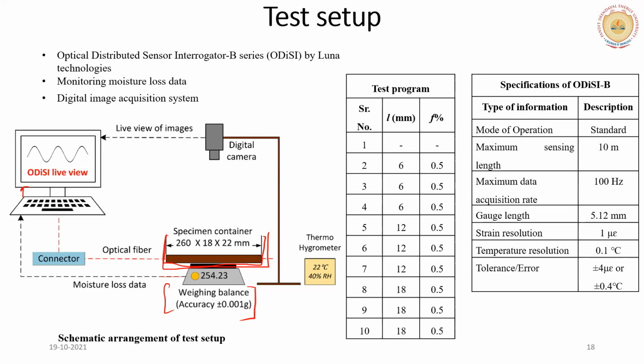So the same fibers were used for this test. So that was mixed with this clay material, and optical fibers were passed through the specimen and it was measured live. And the same thing, we had one digital camera on top of it to view the live images of the specimen.